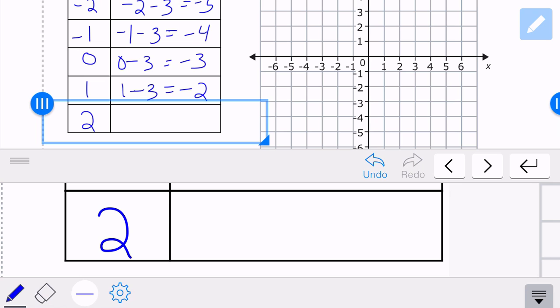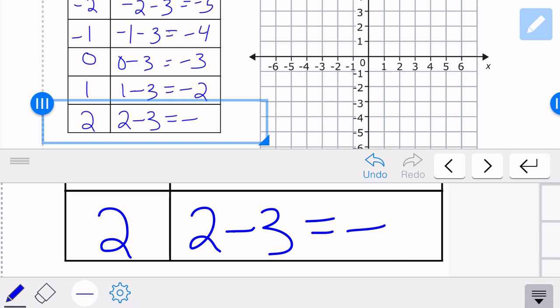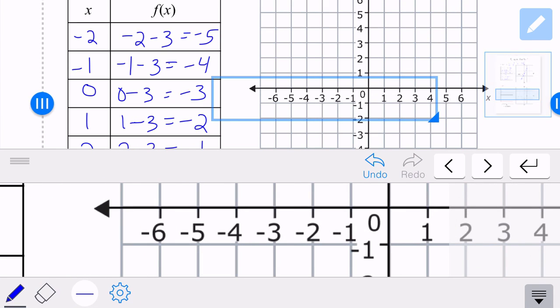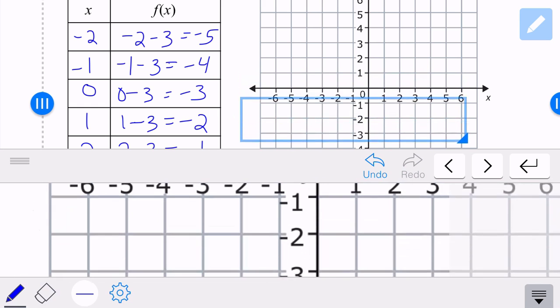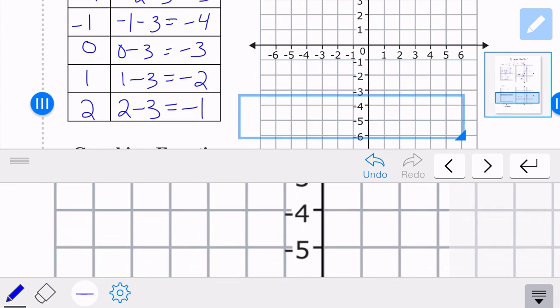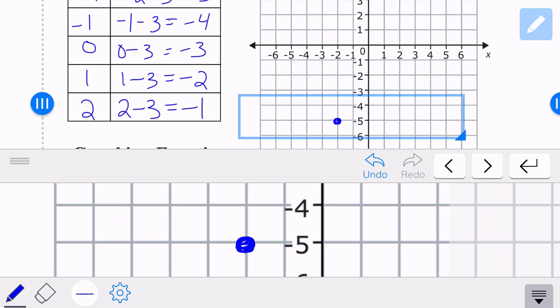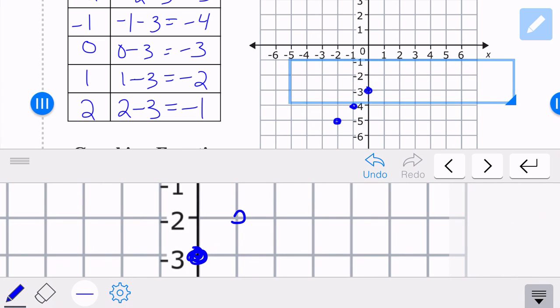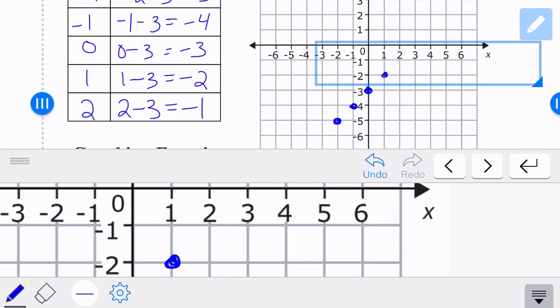And if we plug in 2, we would have 2 minus 3, which would give us -1. Okay, so our points, we have -2, -5. So -2, -5 would go there. -1, -4 would go there. 0, -3 would go there. 1, -2, and then 2, -1.